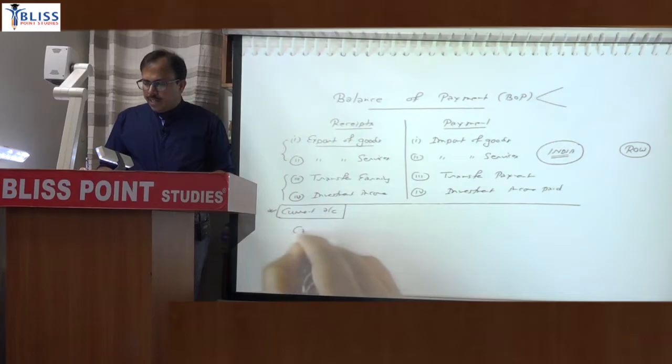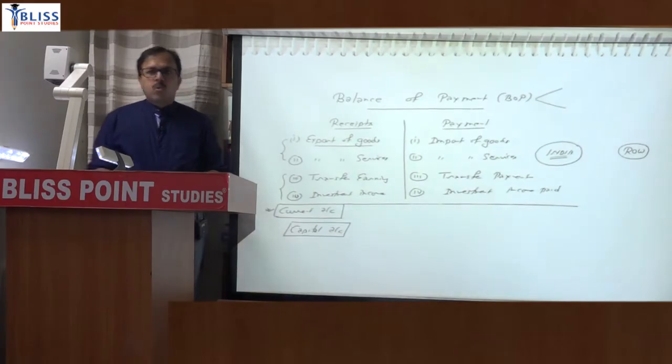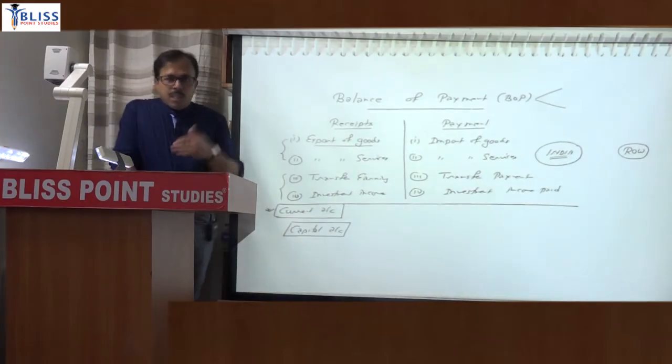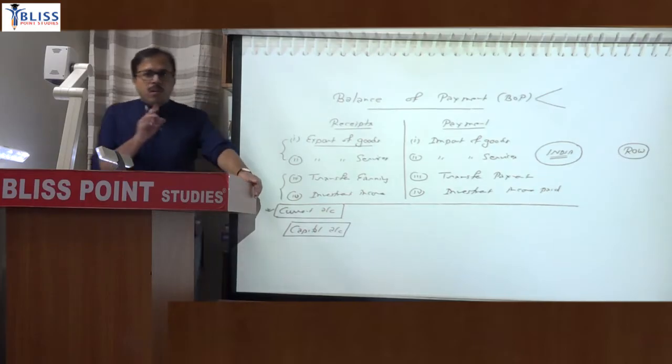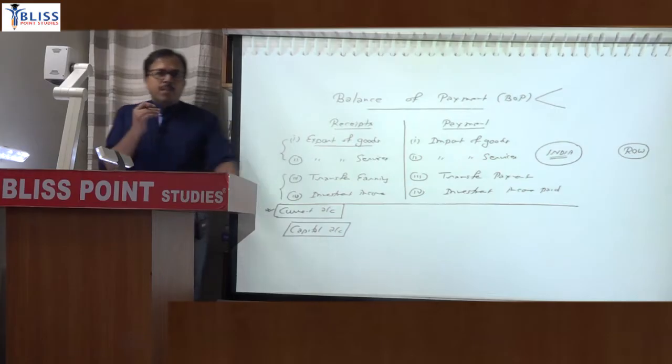So one broad account is the current account, and apart from these four, the other transactions are mainly recorded in the capital account. Like for example, investment. If Reliance is setting up plant and machinery in London, then that will be recorded in the capital account. You have to just remember the flow of money, where money is flowing in or flowing out.